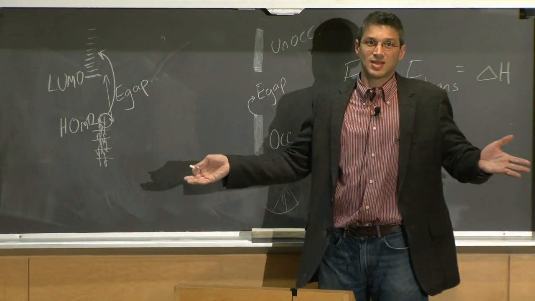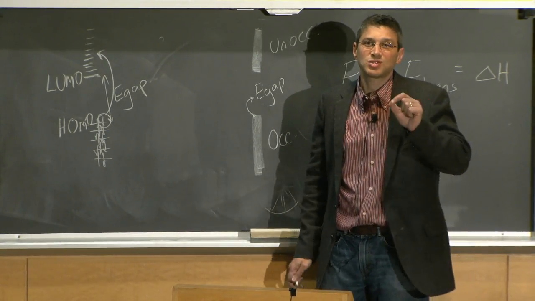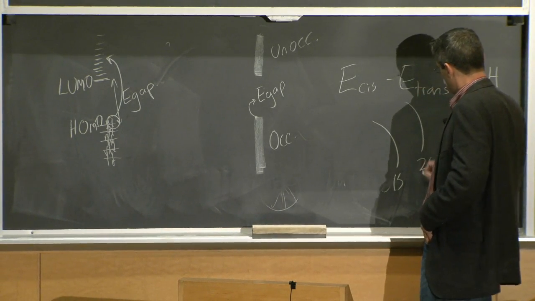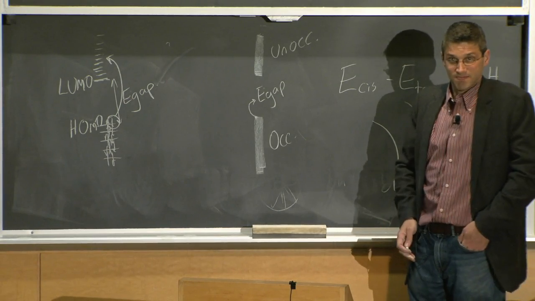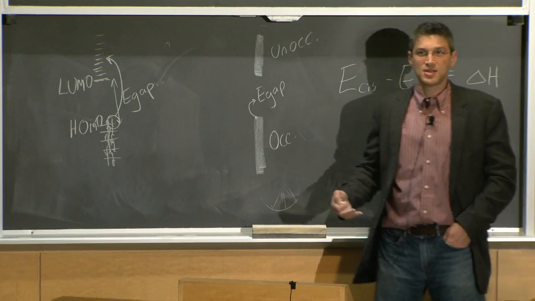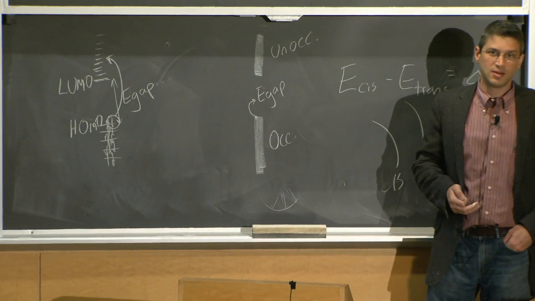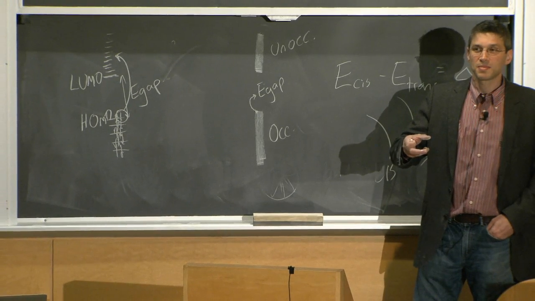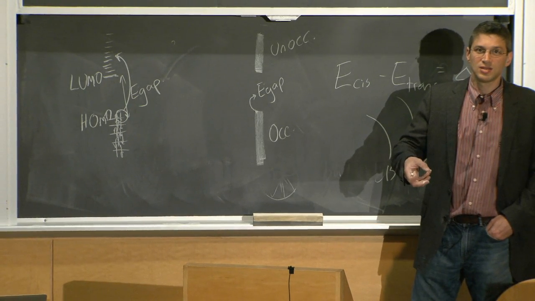Well, you're in no man's land. You're just like that electron in the hydrogen atom trying to go in between a 1s and a 2s orbital. You can't do it. There is no state here. There's no wave function there for the electron to be in. And so there is a gap that is the minimum energy it takes.